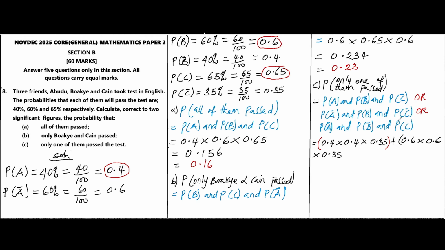So that is the second condition. Then plus the third condition. Abudu failed, so Abudu failed 0.6.